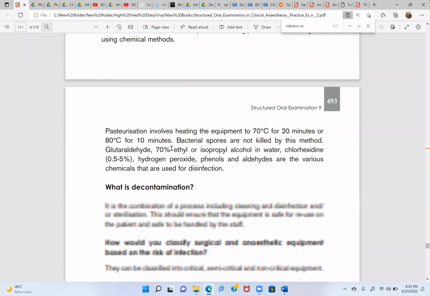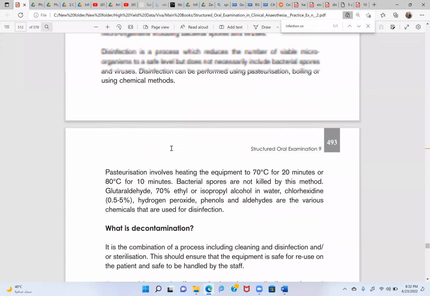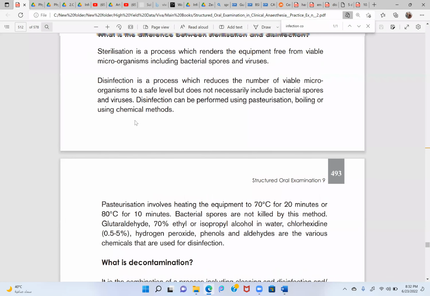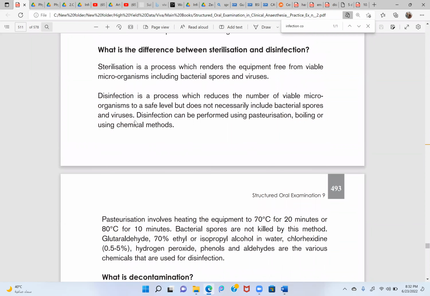What is the difference between decontamination and sterilization? Sir, decontamination is both of them, right? Yes, sir. So what is the difference between disinfection and sterilization? In disinfection, many of the bacteria and viruses are killed, but the spores are not killed. And in sterilization, spores are also killed.